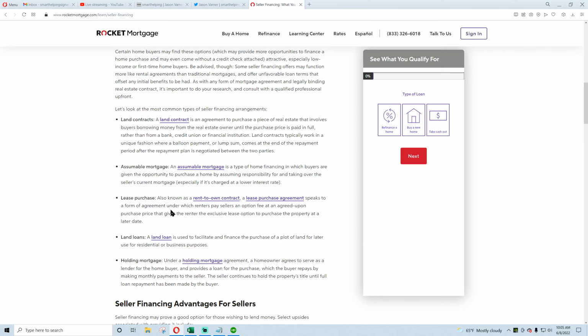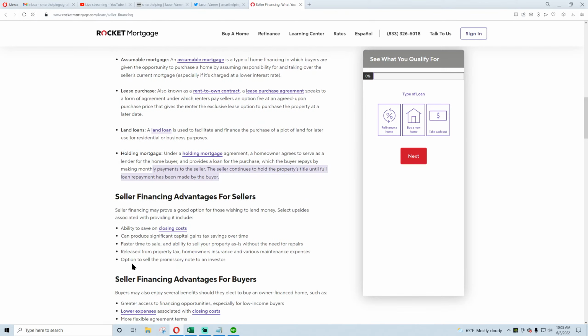Lease or purchase, no. Land loans. This is what we're doing. The homeowner agrees to serve as a lender for the home buyer and provides a loan for the purchase, which the buyer repays, making monthly payments to the seller. The seller continues to hold the property's title until full repayment has been made.